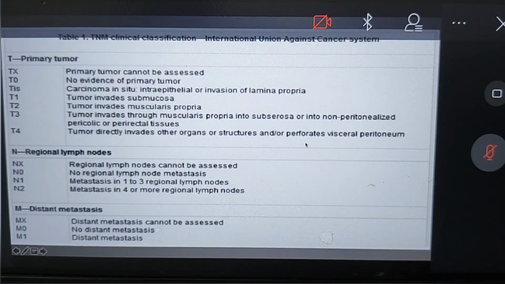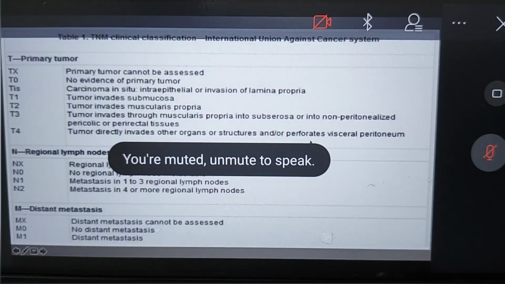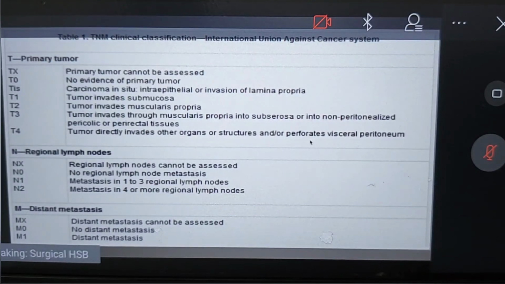So the T stands for the primary tumor. TX means primary tumor cannot be assessed, T0 means there's no evidence of the primary tumor. TIS means carcinoma in situ, the epithelial or invasion of the lamina propria. T1, tumor invades the submucosa.